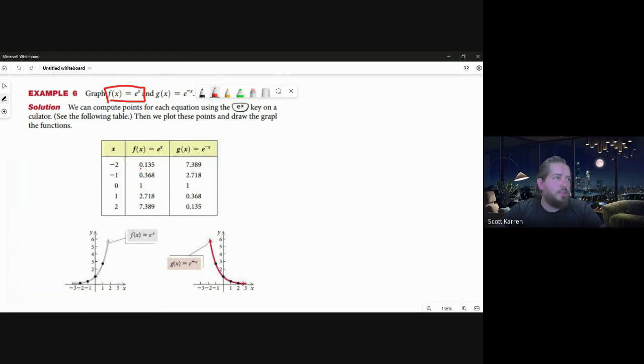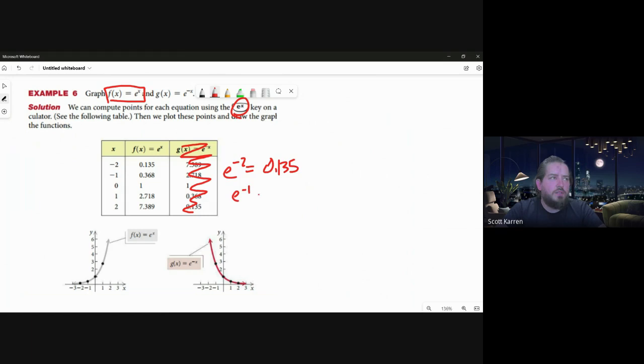But if I plug in these values, right, e in my calculator, if I type in that e to the x key and my x is -2, then e to the -2, and try this on your calculator because now's the time to learn this, and the test is the terrible time to learn this. But e to the -2 should give you that 0.135.